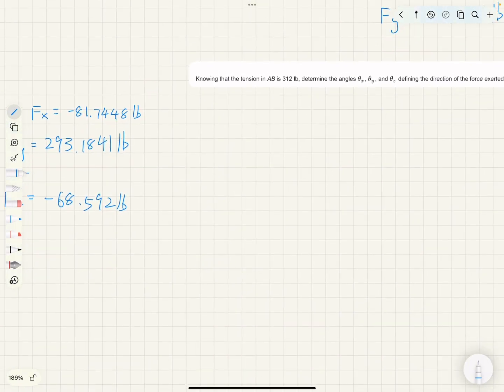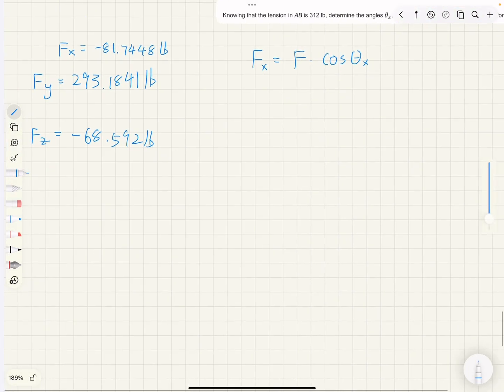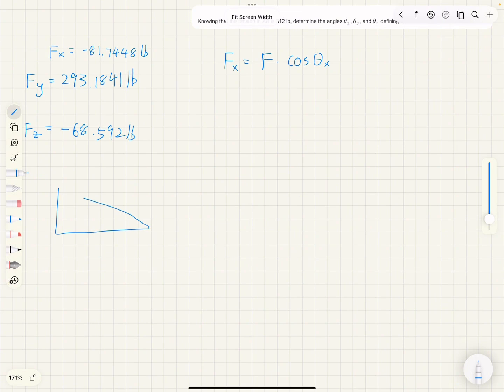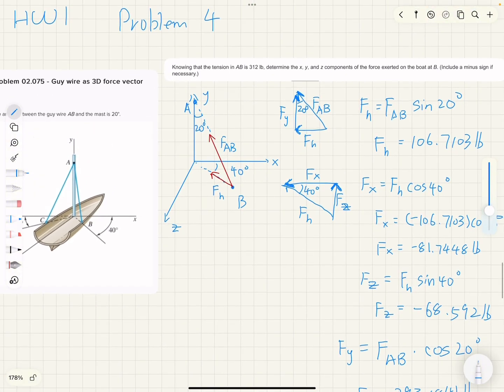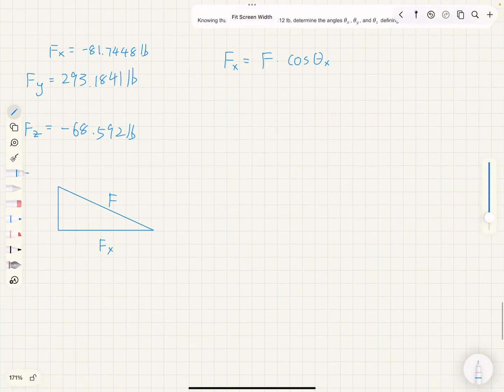To find those angles, we can use cosine. Let's say fx equals cosine delta x times the force. For example, when we have a triangle, let's say this is force F, and we're finding fx. So the angle would be here.